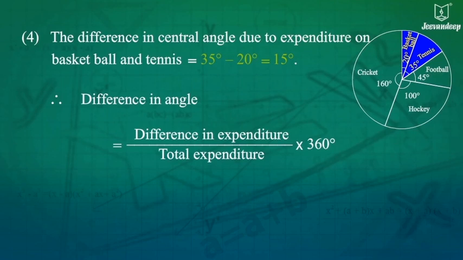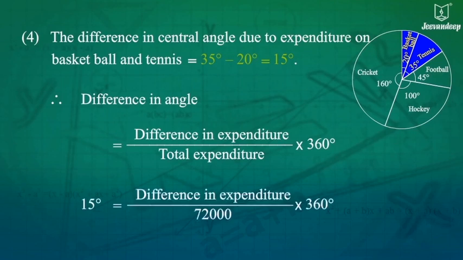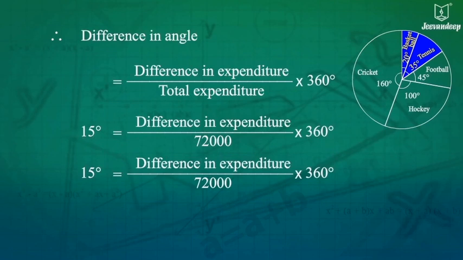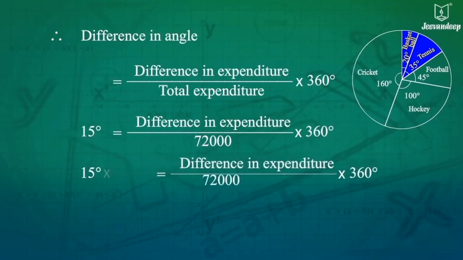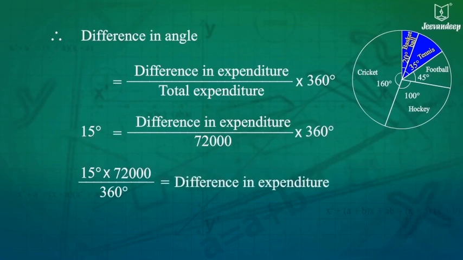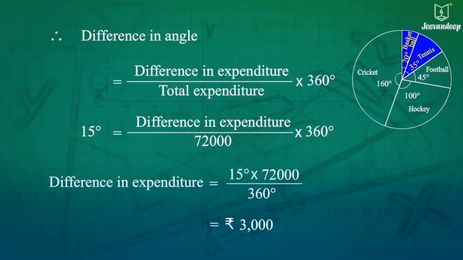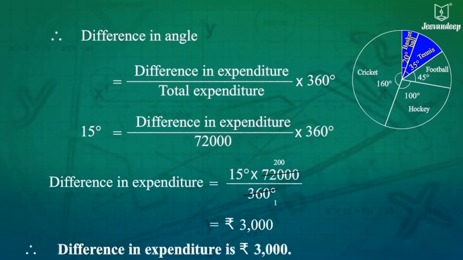Putting the values in the formula, we get 15 degrees equals difference in expenditure upon 72,000 multiplied by 360 degrees. Thus, the difference in expenditure is 3,000 rupees.